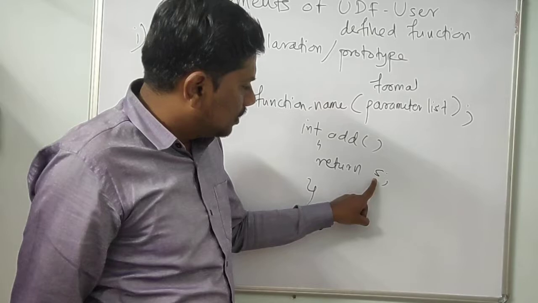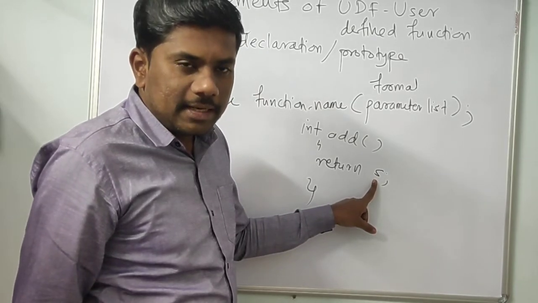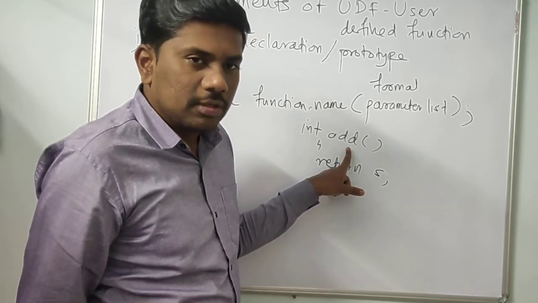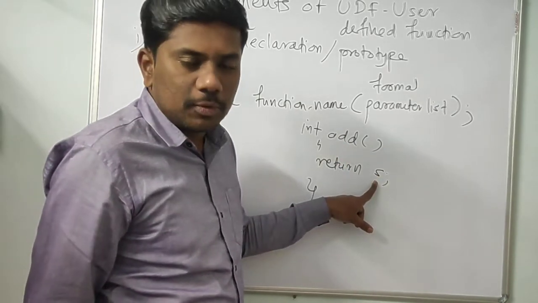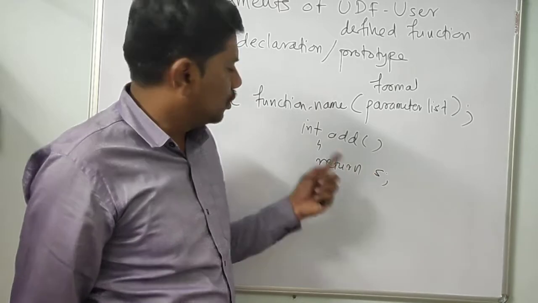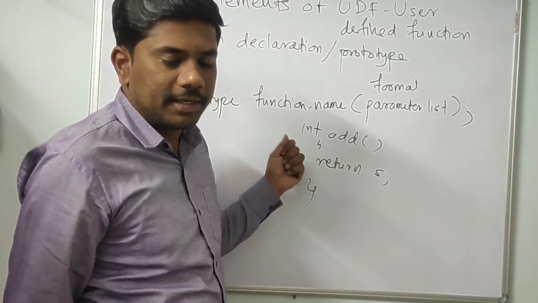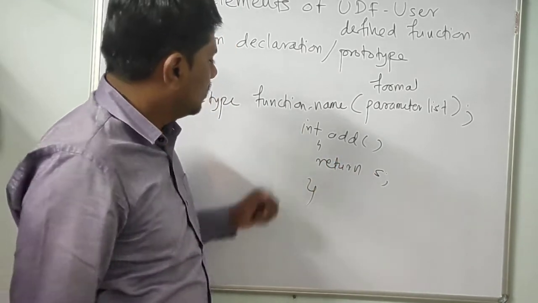This value is returned by whom? The add function. So the return type of add should be the type of this 5. What is the type of 5? It is integer. So there should be int return type for this add function. Same concept we are using.